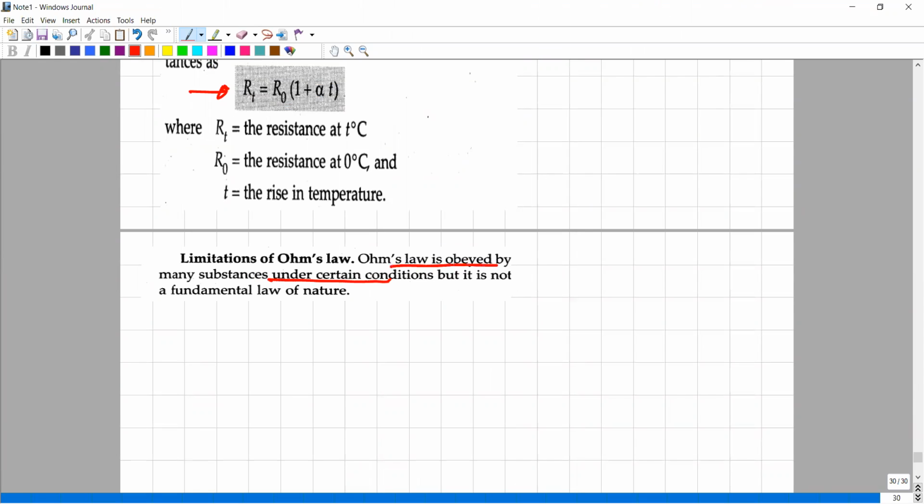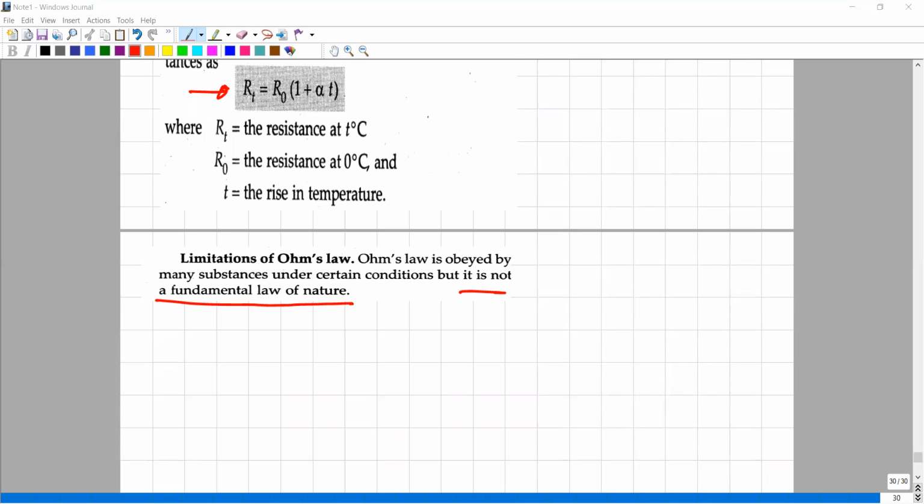Ohm's law is obeyed by many substances only under certain conditions, and one of the primary conditions is that temperature is constant. Temperature has to be constant, then only Ohm's law is followed. So Ohm's law is not a fundamental law of nature that is followed under all circumstances, and that is the reason why we have ohmic conductors and non-ohmic conductors.